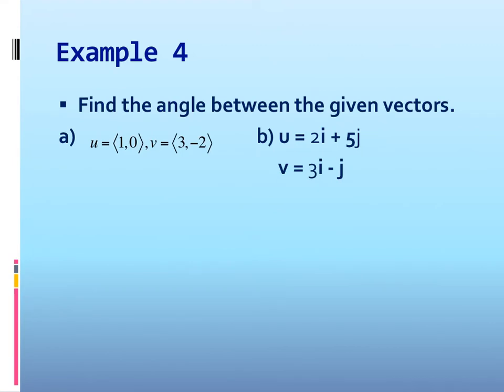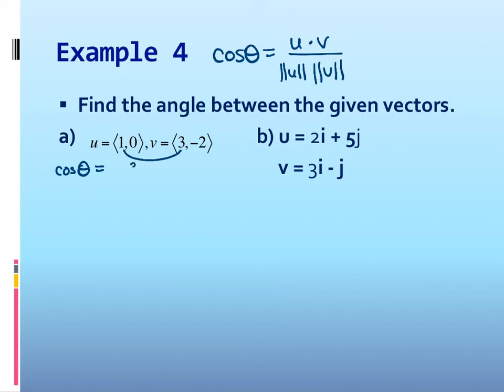So example 4 says find the angle between the given vectors. So again, cosine of theta is equal to u dot v over magnitude of u times magnitude of v. So the cosine of theta for A is equal to, dot product here would be 1 times 3 plus 0 times negative 2, which is just 3.